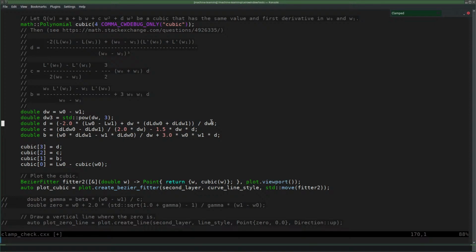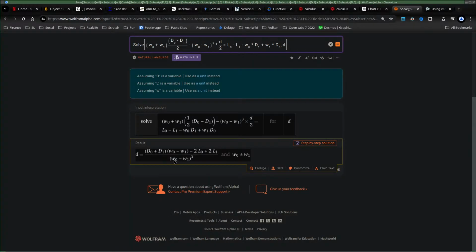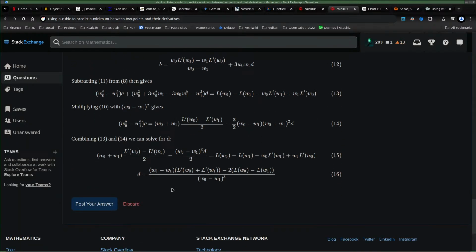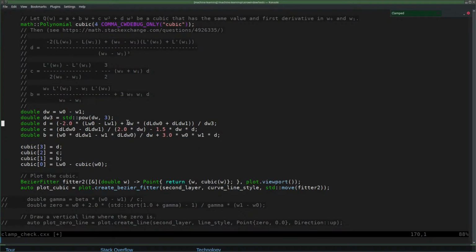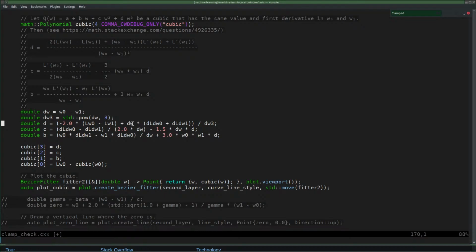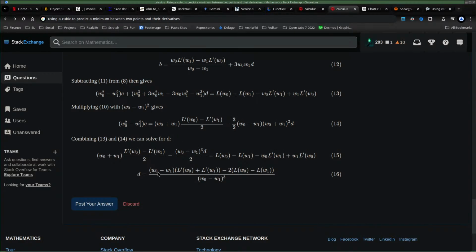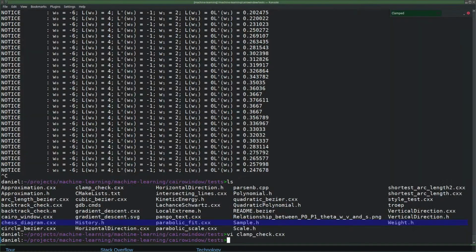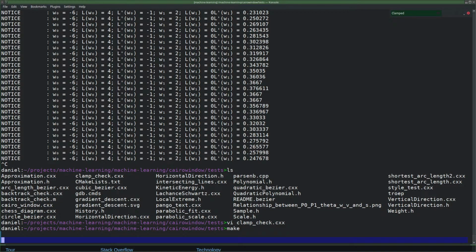Divided by the third power of the difference between. Which is the same thing I had here. Difference times the sum minus 2 times that divided by. Well, that really looks correct to me.